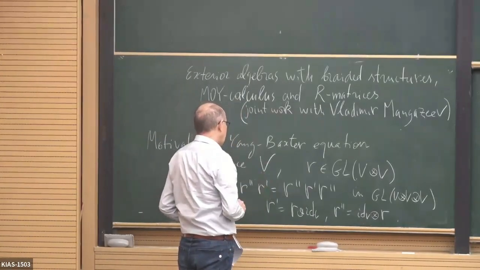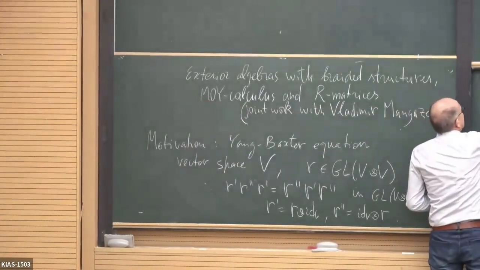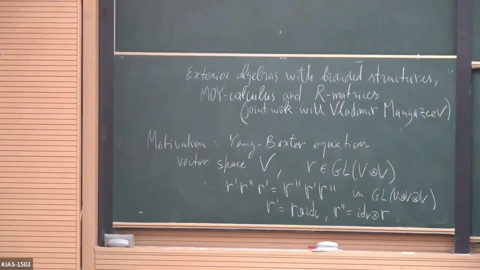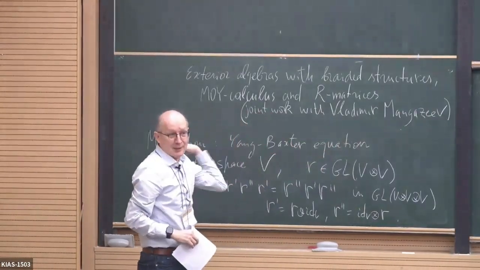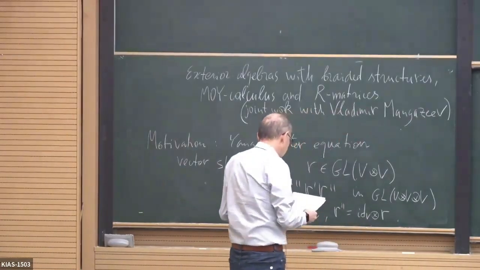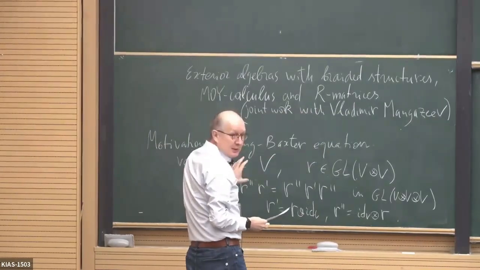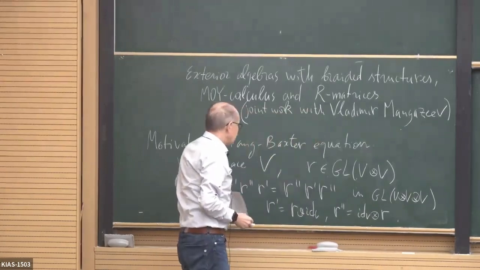Just for terminological reasons, this pair is called a braided vector space, because such an object will be important also for the construction of other solutions. Now, to be concrete, let me give you one example of such an object.